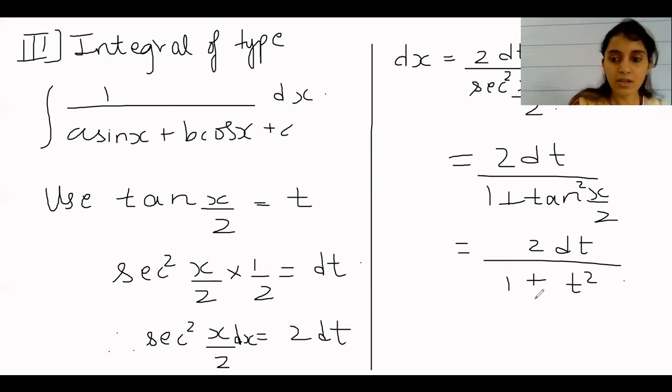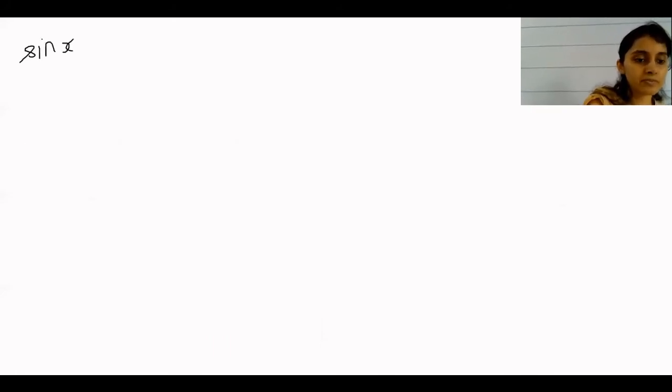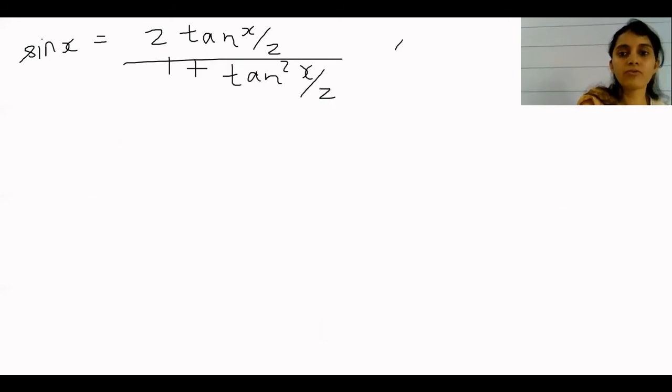Now this is for tan x by 2. There will also be a substitution for sin x and cos x. So sin x will be equal to 2 tan x by 2 upon 1 plus tan square x by 2. We have this formula for sin x, remember. And we have one for cos x.